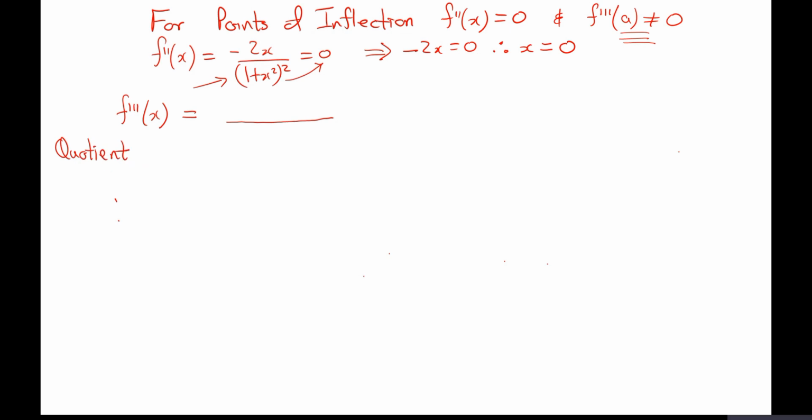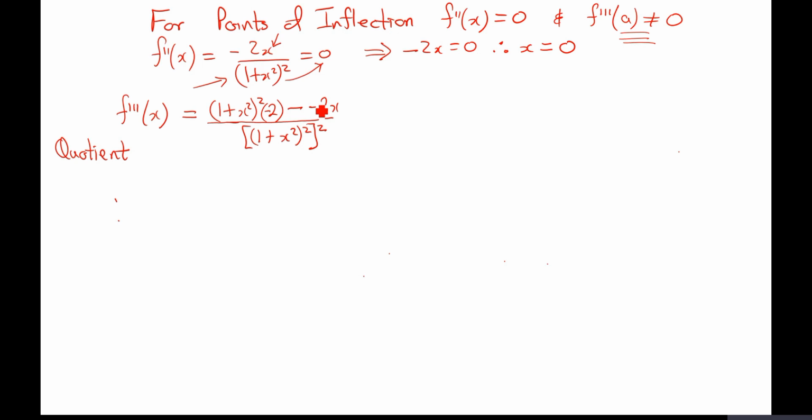Why will I use the quotient rule in this case? Because the numerator has variables. It's not a constant, as in the first derivative. So I'm going to take the denominator and square all that. Then I'm going to put that down: 1 plus x squared, all squared, multiplied by the derivative of the numerator, subtract.